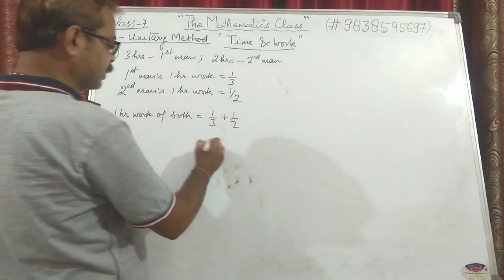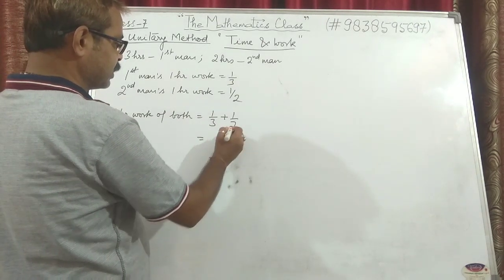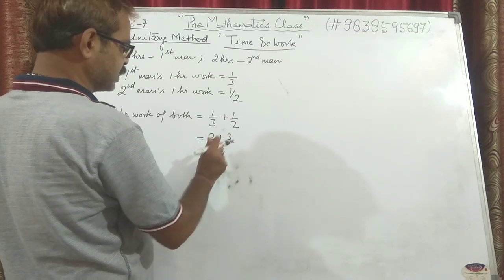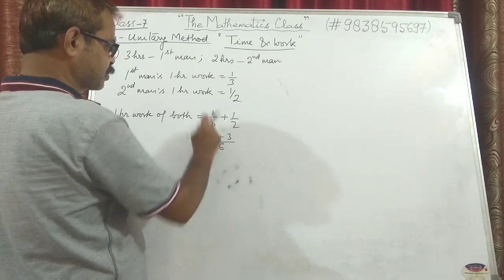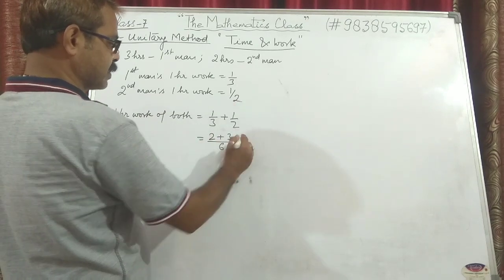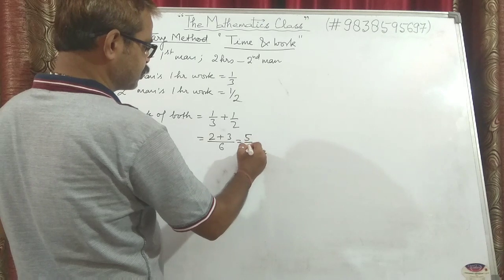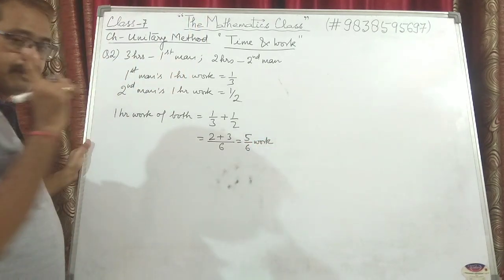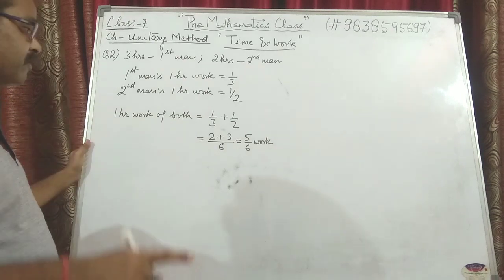Now when you add them, you will get the LCM as 6, and this will be (2 plus 3) upon 6. Suppose LCM is 6. 3 2s are 6, 2 1s are 2. So 2 came here, 2 divided by 6, 3. 3 into 1 is this. So we are getting 5/6 amount of work will be done in 1 hour by both of them.